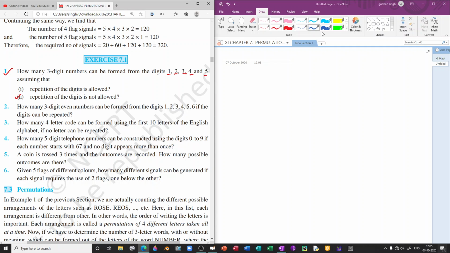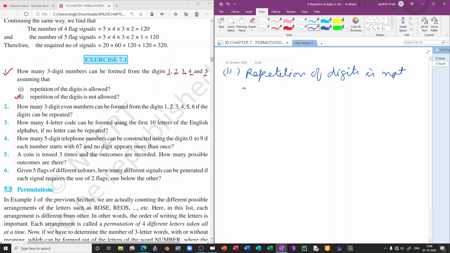So second part, repetition of digits is not allowed. Here also we can do the same way. The format of the number we have taken is x1, x2, x3.